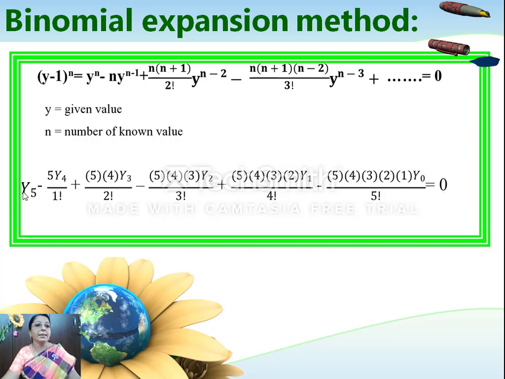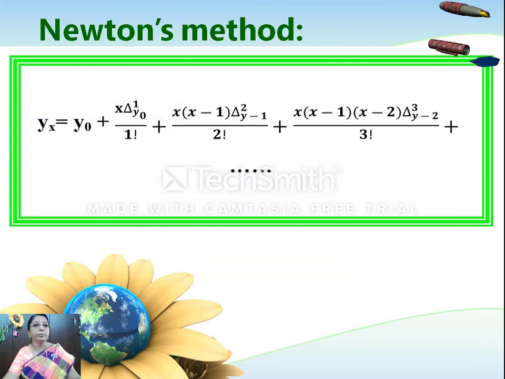So it starts with plus y5, then minus, plus, minus, plus, minus and so on. 1 factorial is nothing but 1 into 1, 2 factorial is 2 into 1, 3 factorial is 3 into 2 into 1, 4 factorial is 4 into 3 into 2 into 1, and 5 factorial is 5 into 4 into 3 into 2 into 1. So this is your formula for the binomial expansion method.